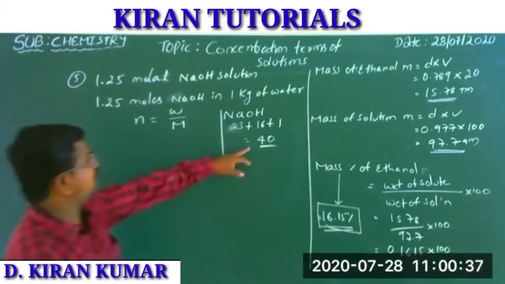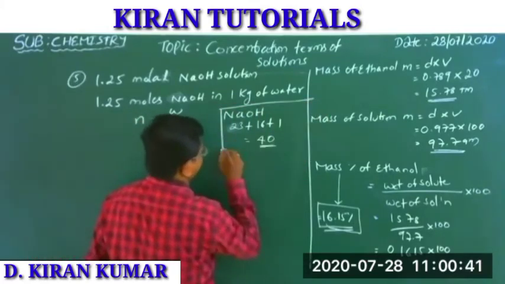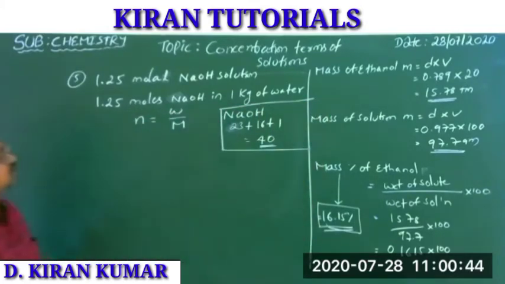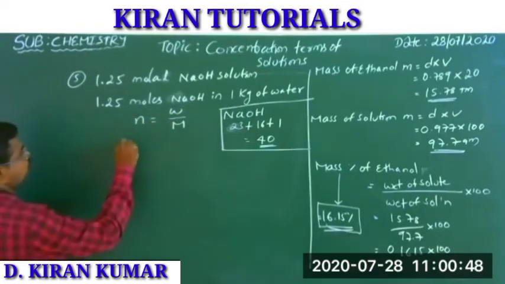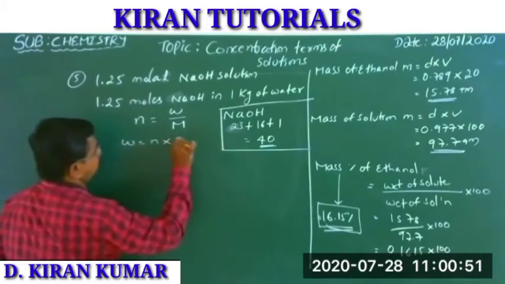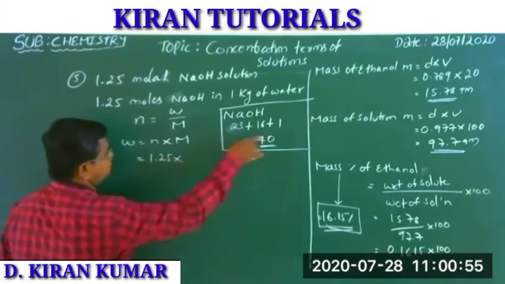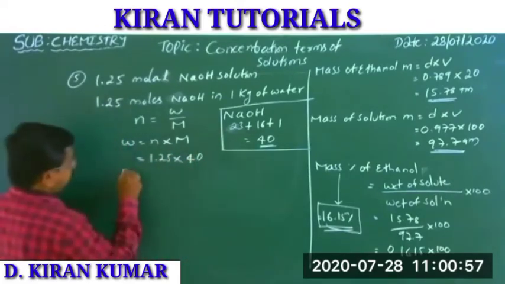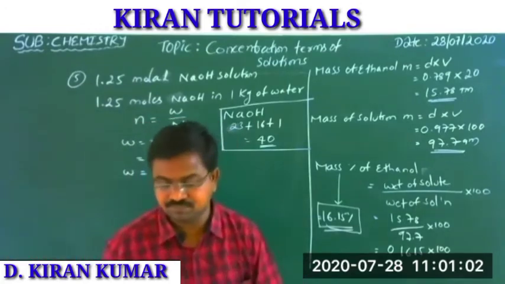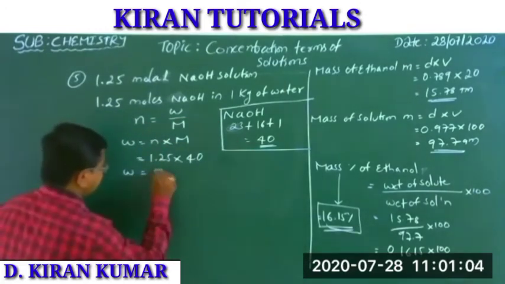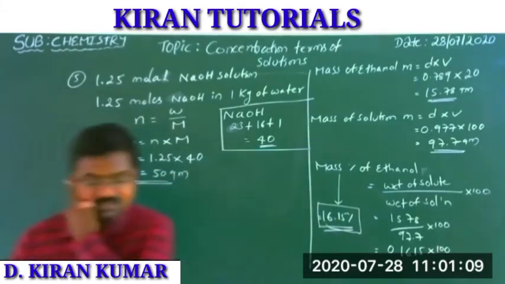That is the molecular weight of sodium hydroxide. Clear? Now I have to calculate the weight or mass of solute. So weight is equal to number of moles into molecular weight. What is the number of moles? 1.25 into 40. So W is equal to 50 grams.